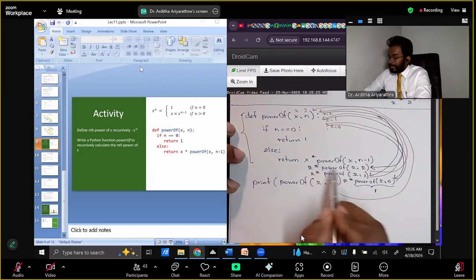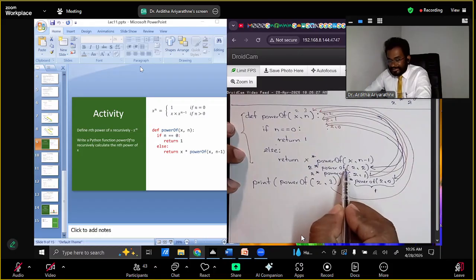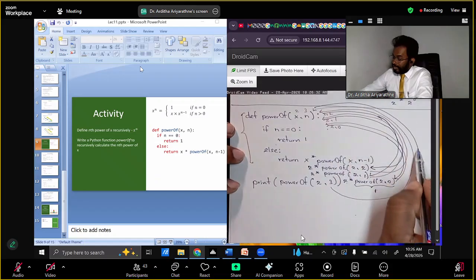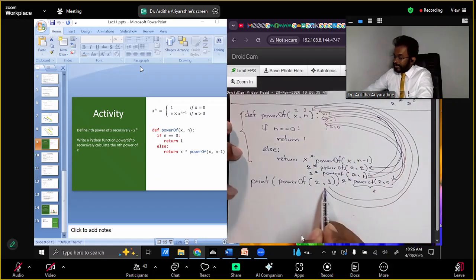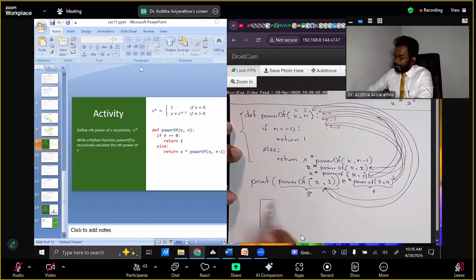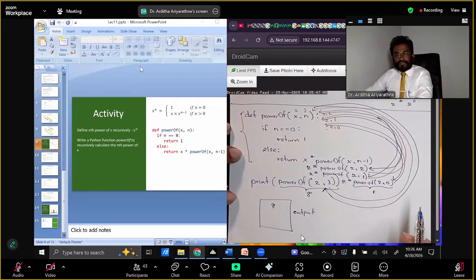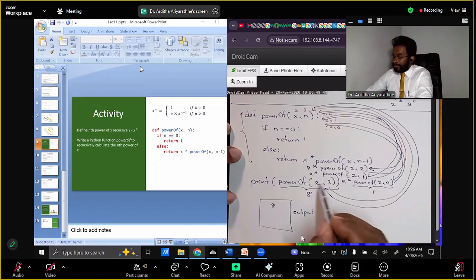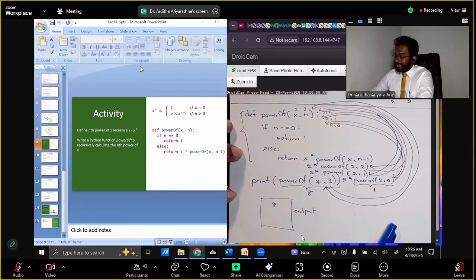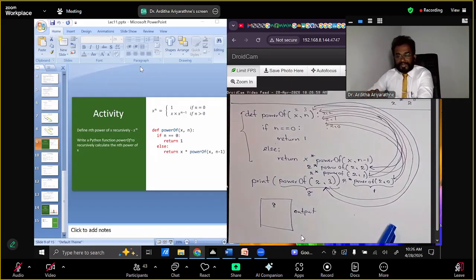Now 2 multiplied by 4 is 8. 8 means we are returning to the place where we called the function. It means here. Now we got the answer for this part as 8. Then we are printing in our output as 8, because we called 2 to the power 3, and we got the answer as 8. So this is the behavior. This is how this program is working.